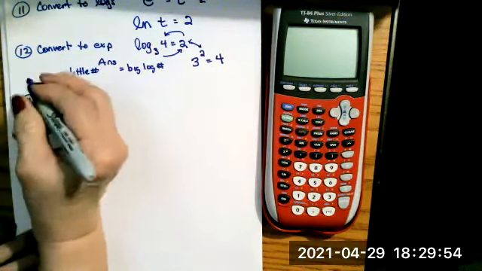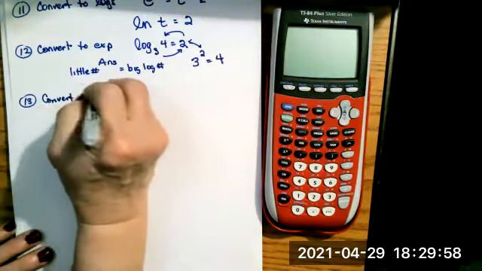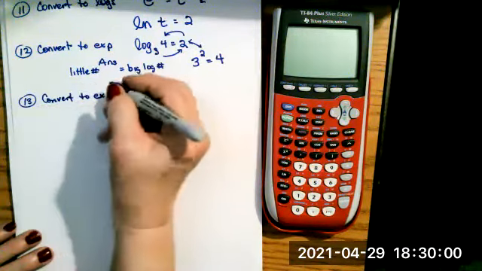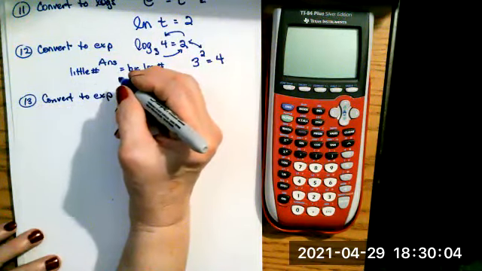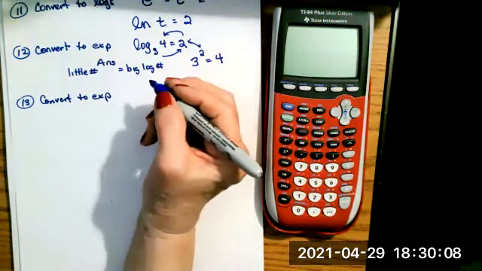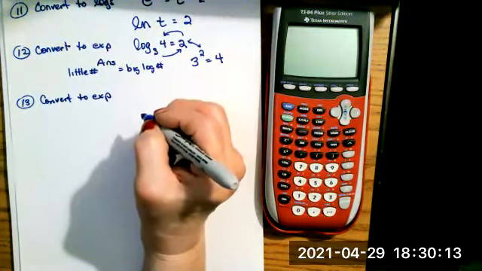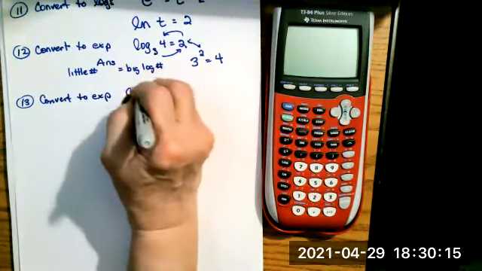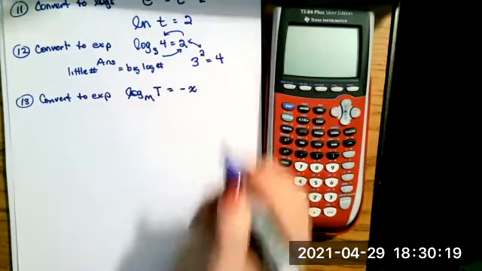Okay, let's look at 13. Convert to exponential. See, these are going to go really fast if you know how to do them. 13 is, let me see which one I did. Log base m of t equals negative x. Let's try that one.